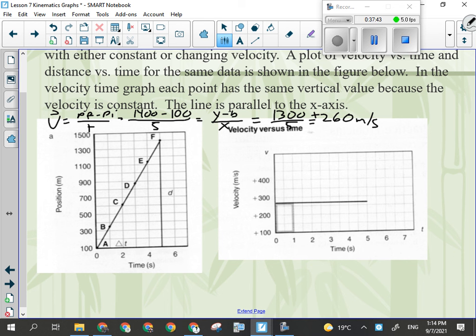Okay, so this is final position minus initial position. My final position was 1,400, my initial position was 100, my total displacement was 1,300 meters, positive 1,300 meters. I started at a position of 100, I went to a position of 1,400. Okay, now, can I calculate that from this graph?